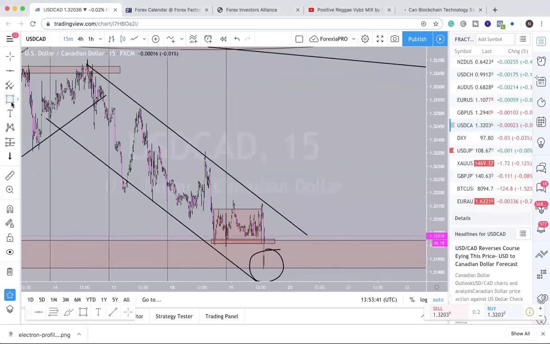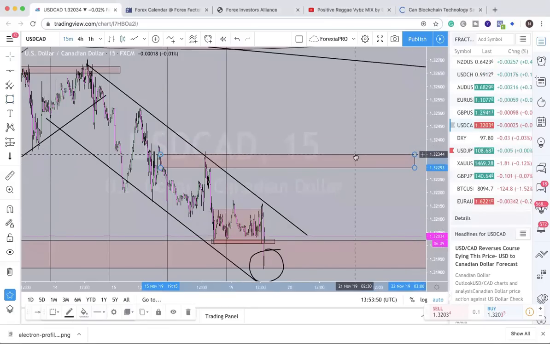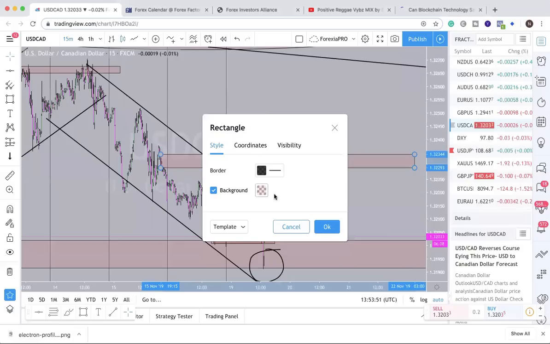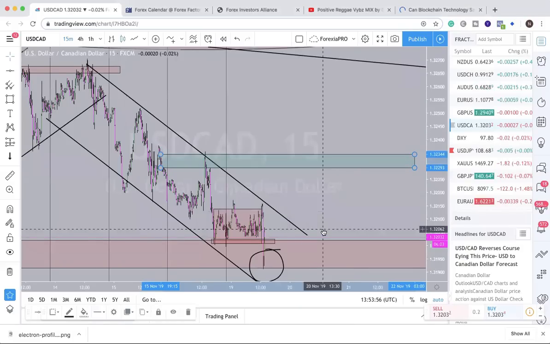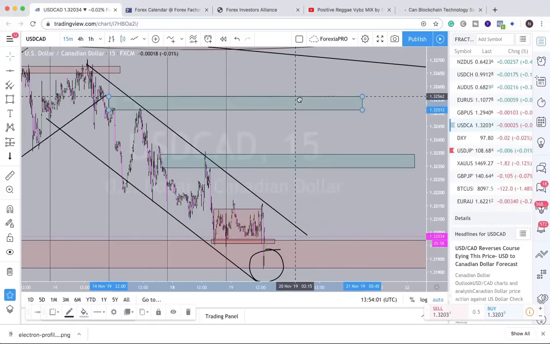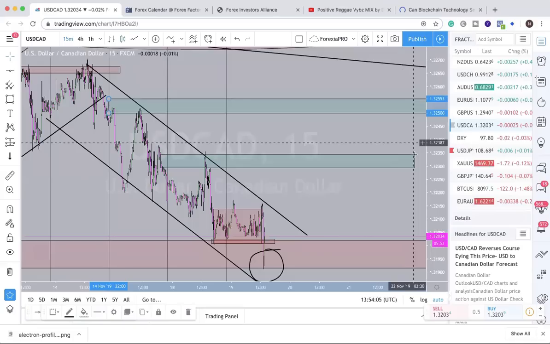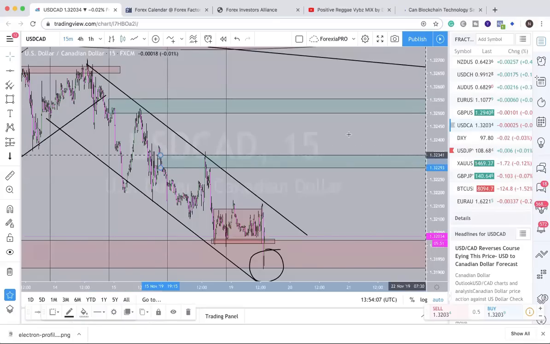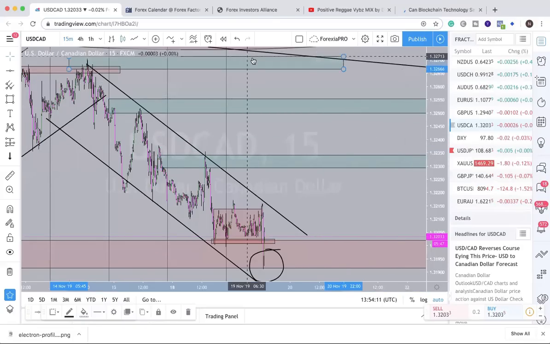Let's look for those take profit zones. Take profit 1. Take profit 2. And right up here is take profit 3.